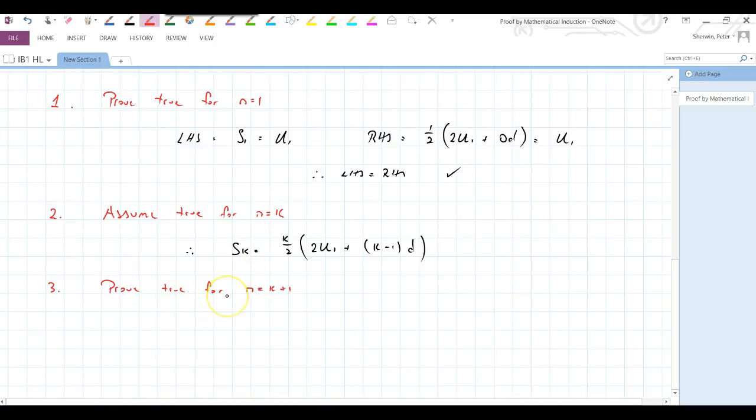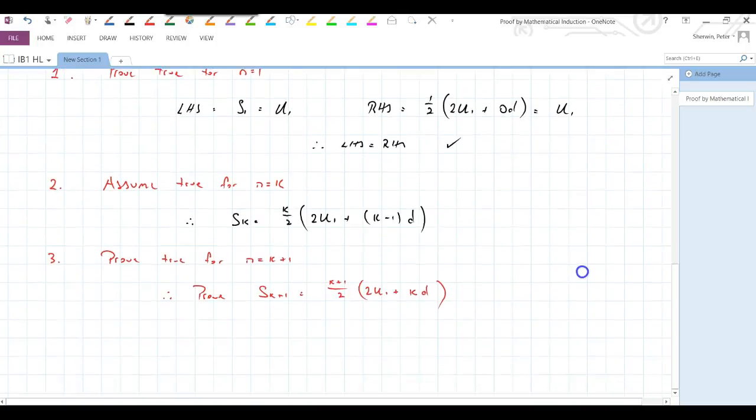So, therefore, we need to prove that S(k+1) is equal to (k plus 1) over 2 times (2U1 plus (k plus 1 minus 1), so it's just kd). We'll close the brackets there. So that's what we need to prove.